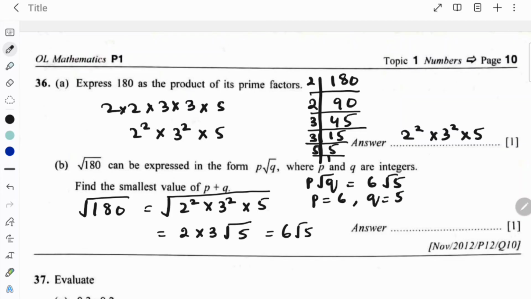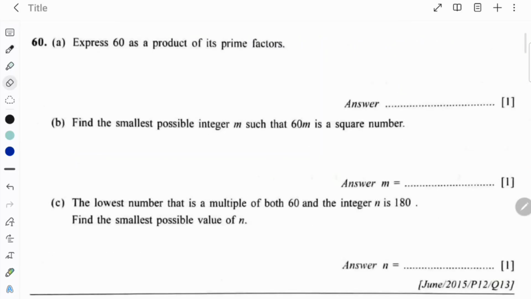So p plus q will be equal to 6 plus 5, that is equal to 11. So 11 is the right answer for this question. Now the next question, June 2015, paper 1 to question number 13.